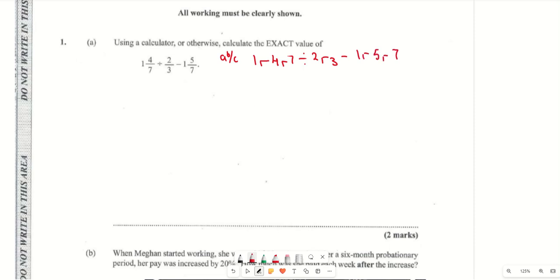You put that exactly in your calculator, and you are going to get an answer that looks like this, 9 over 14. That is your way if you're using your calculator.